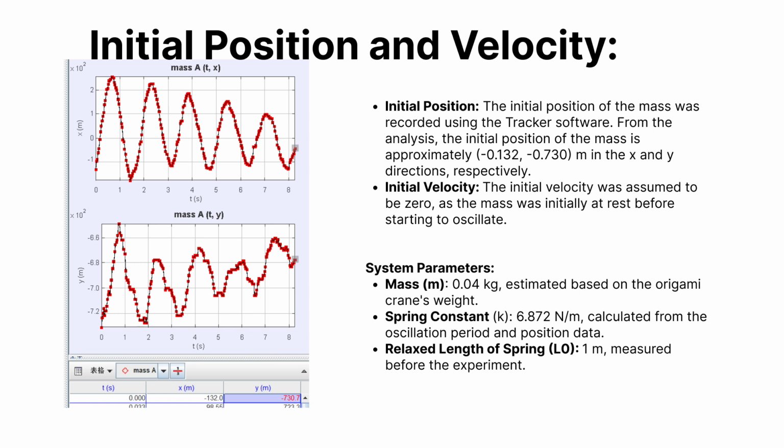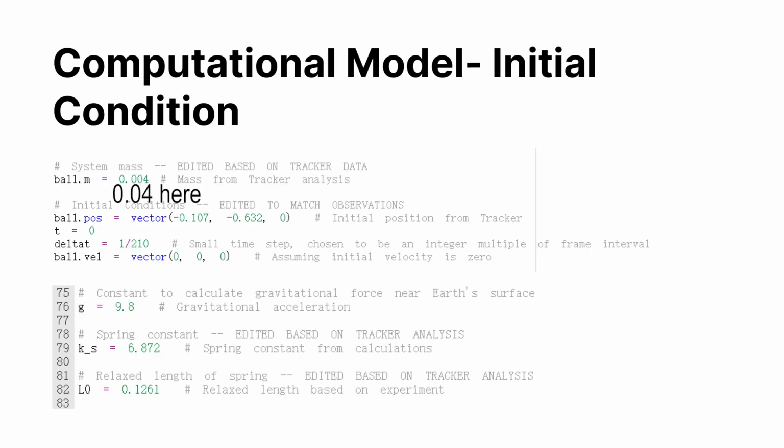In our computational model, the initial conditions are critically important because they set the stage for predicting how the system will behave. The mass of our object was estimated to be approximately 0.04 kilograms, as we're dealing with a lightweight origami object. Its initial position, derived from the Tracker software, is around -0.107, -0.632 meters, which essentially means it started in a slightly displaced state, not directly at the equilibrium point.